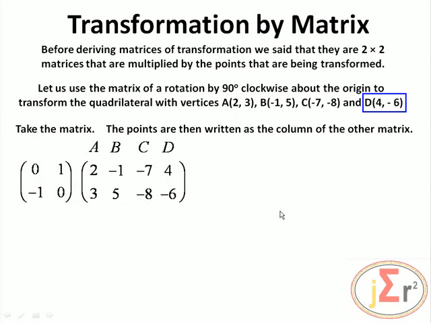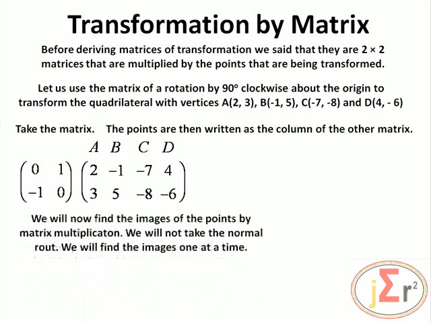We could multiply the points one by one, but that is going to be wasting a lot of time and space. So we will now find the images of the points by matrix multiplication. We will not take the normal route. We will find the images one at a time.